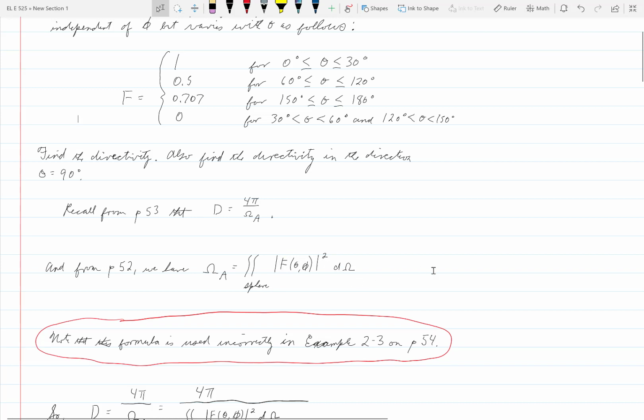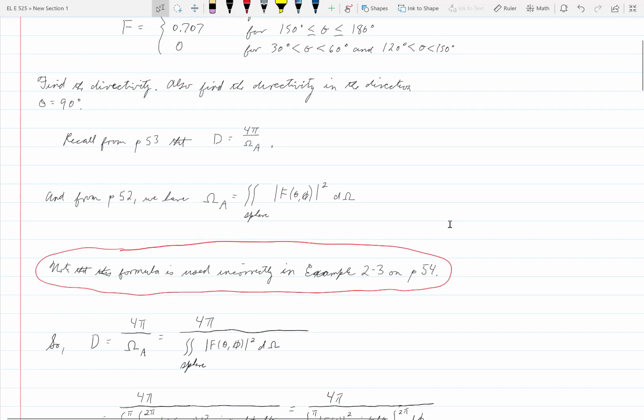And just a quick note, if you look at example 2-3 on page 54, although the answer given there is correct, in the example itself, it incorrectly has this formula without the 2 here. This exponent of 2 is missing, so that's just a minor mistake in the textbook. This is the correct formula right here. You should have the integrand as the magnitude of f of theta, phi, squared.